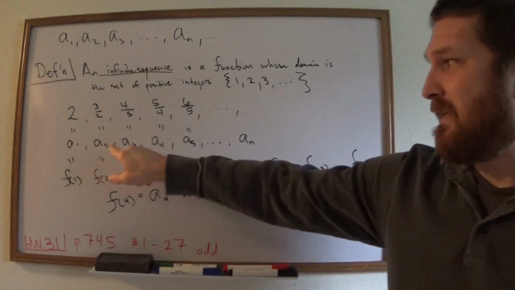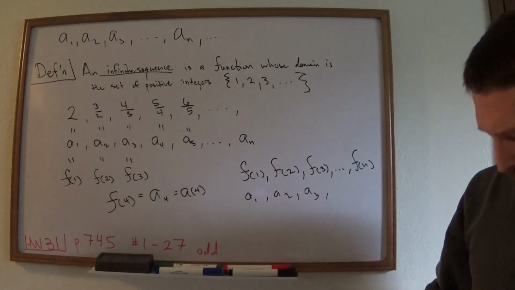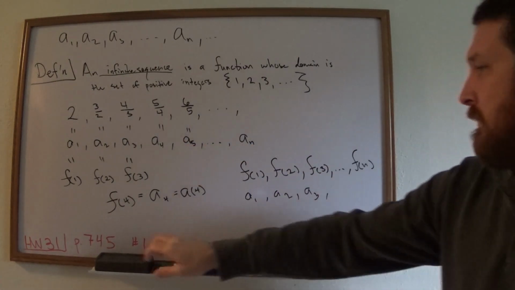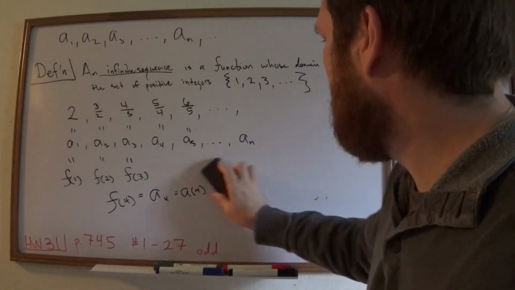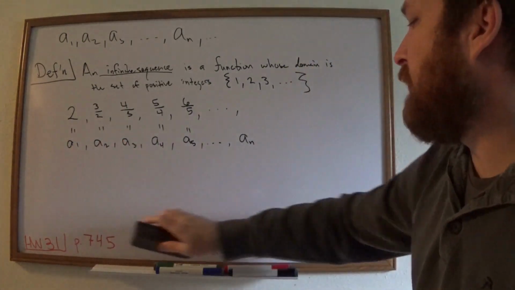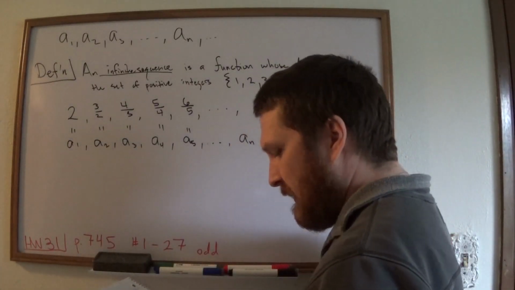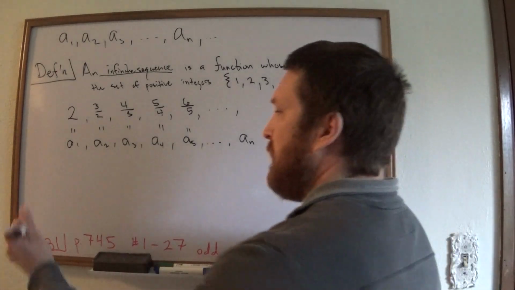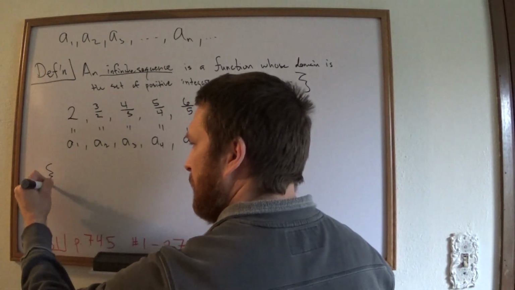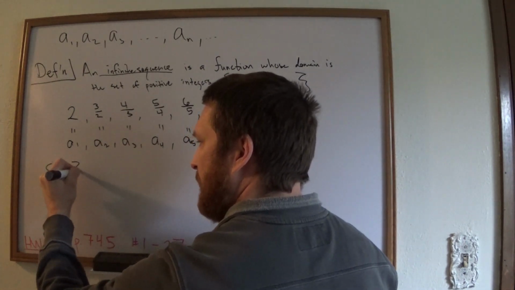Each one of these is called the index. And so you could think of these indices as the inputs. Now, in general, we don't even write it as f of something. When I want to describe a general sequence, if you're given a formula, you usually write it like this. So instead of writing f of n, you have your a sub n.